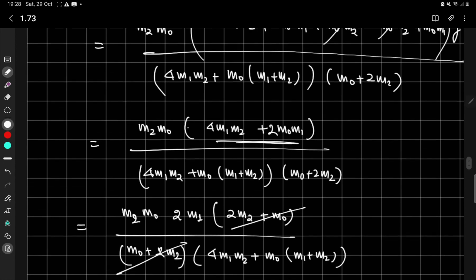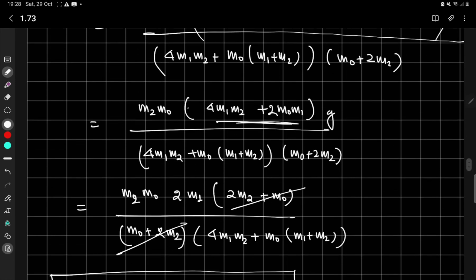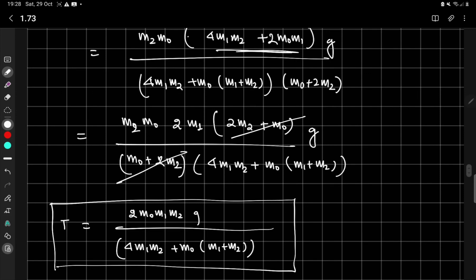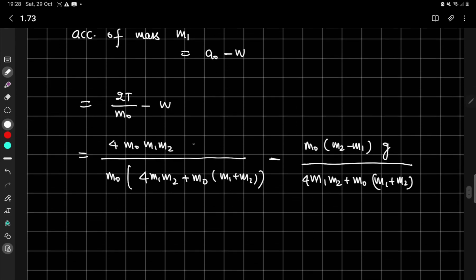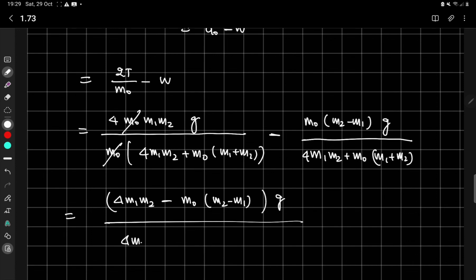I think I missed g here, so this will be g here, g here and g here. Okay, so g will be here. So finally m naught will get cancelled, and we can write (4 m1 m2 minus m naught times (m2 minus m1)) whole times g whole divided by 4 m1 m2 plus m naught times (m1 plus m2).